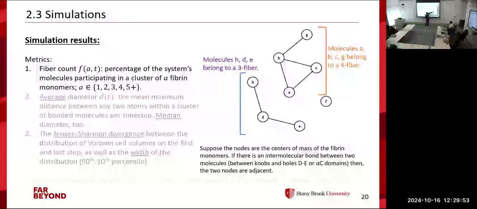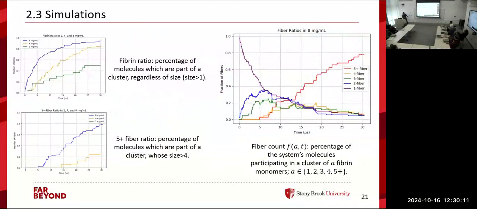For example, these molecules, H, D, and E, are part of a 3-fiber, a cluster of size 3. The ones here are part of a 4-fiber. This one is a single molecule, it's 1 fiber. So we want to see how things look over time.